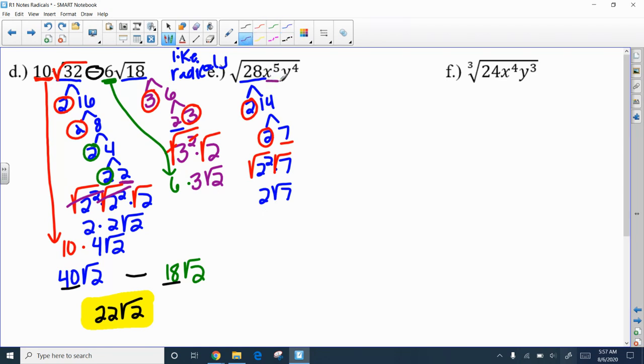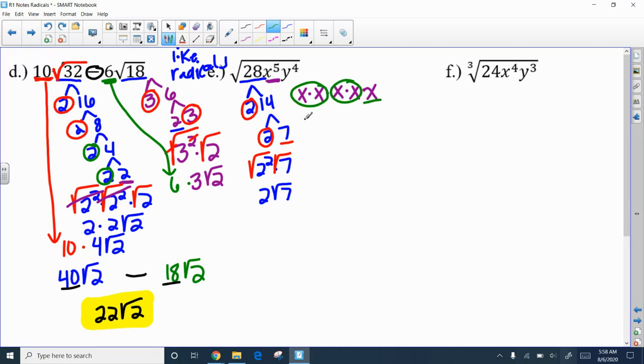Okay, so that's the number part. Next, let's do the x's. So we can actually do this in the same way, not really writing a factor tree, but writing this out. We all hopefully know that x to the 5th means x times x times x times x times x. And so like I do with the numbers, since I'm dealing with the square root, I'm going to put these into pairs. So I got a pair of x's, another pair of x's, and an x left over.